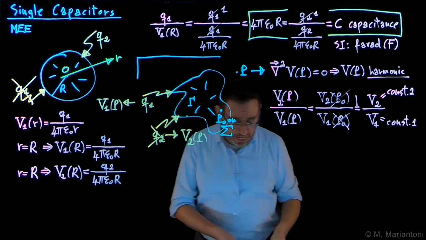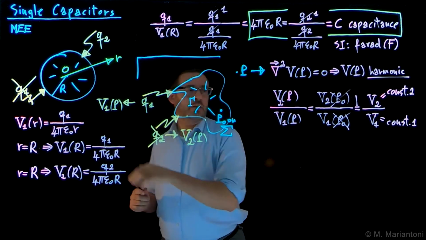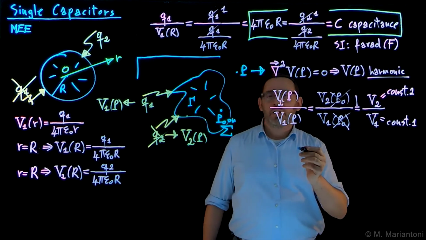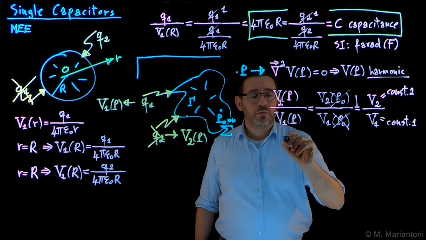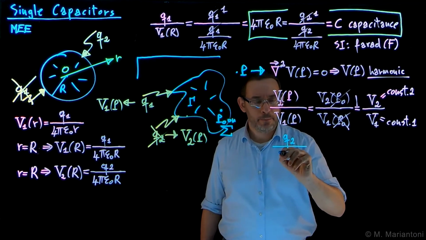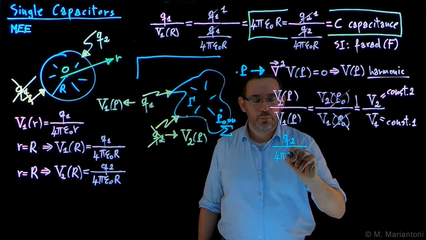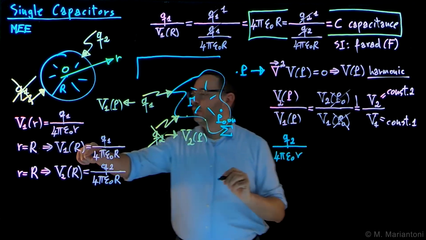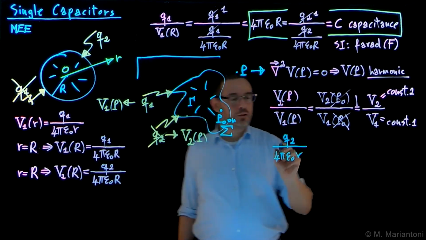For example, you can convince yourself that this is true in the case of the sphere. So if we were to do this in the case of the sphere, what do we have? Well, we end up having Q2 divided by 4 pi epsilon naught, in this case small r, because it's the generic value here, due to Q2.